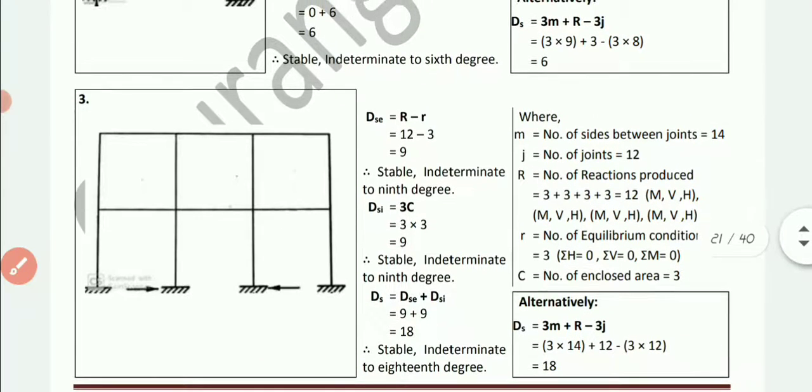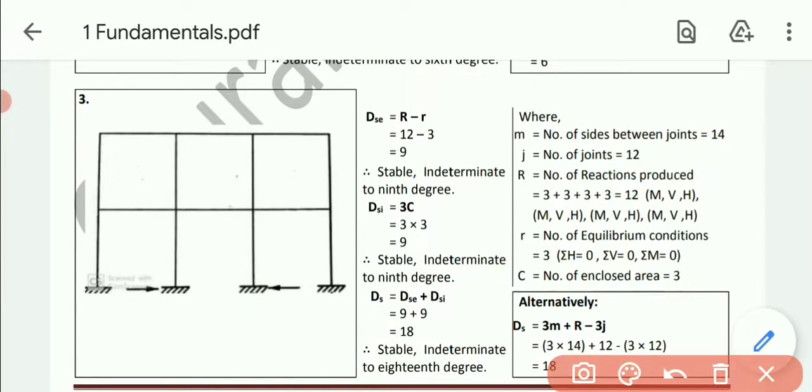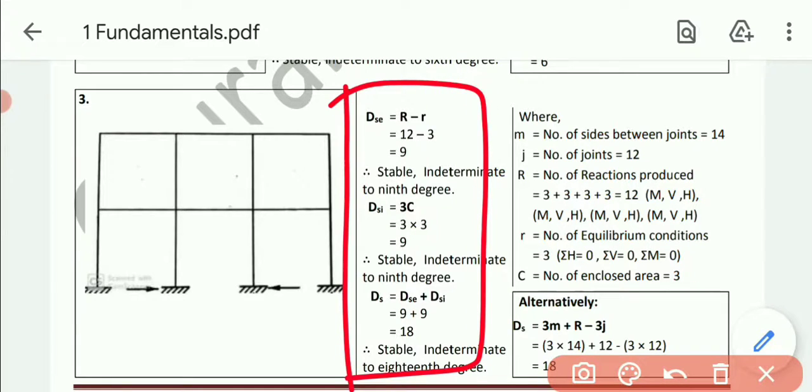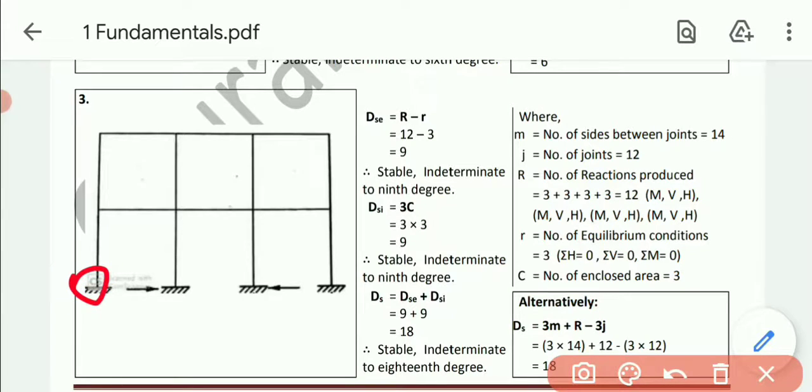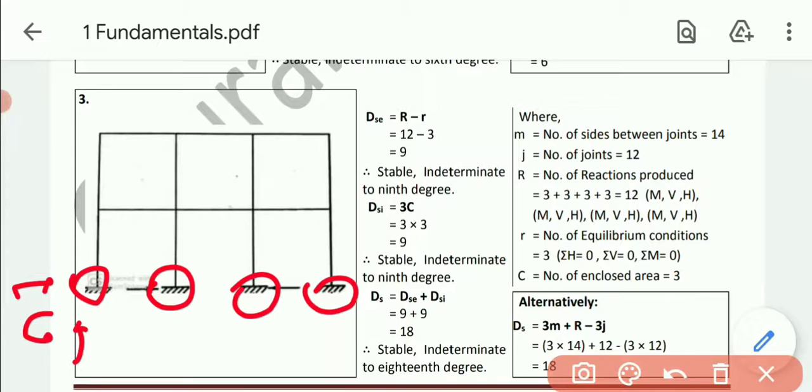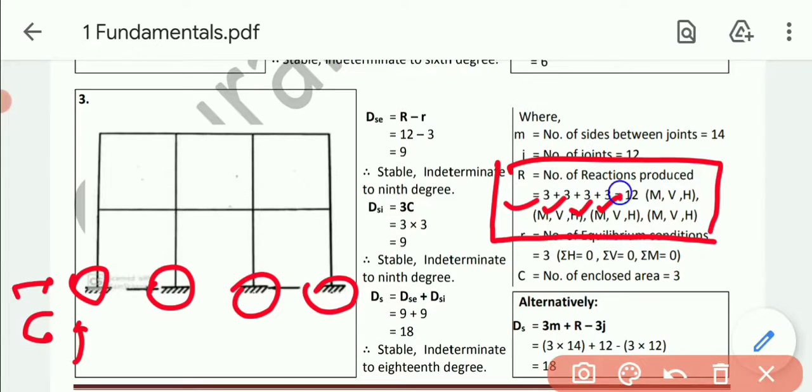Then moving forward, example number 3. I hope you guys are getting the concept. First of all my priority will be this equation, so I will calculate capital R, small r and C. For capital R, each of the joints has a fixed support, and a fixed support has 3 reactions: vertical, horizontal and moment. So capital R, the number of reactions, is 3 plus 3 plus 3 plus 3, all are fixed supports, so the total will be 12.